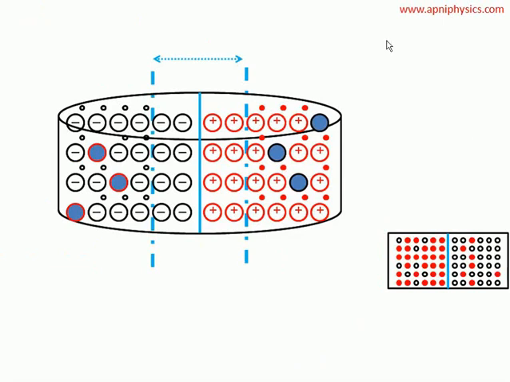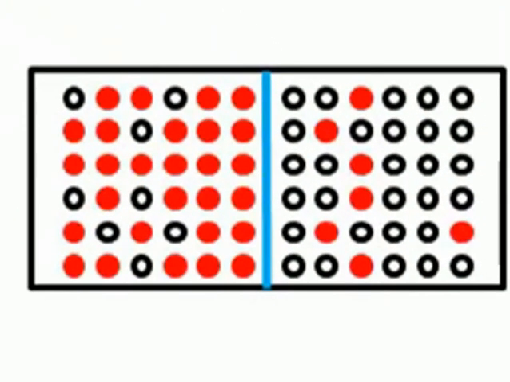If you observe carefully, all these electrons from the n side are moving towards the p side by crossing this junction, and as a result the concentration of charge carriers is increasing here. Which charge carriers? The electrons moving from the n side to the p side. So the concentration of electrons is increasing towards the p side, and the red dots indicate the electrons, while the n side is now in deficiency.